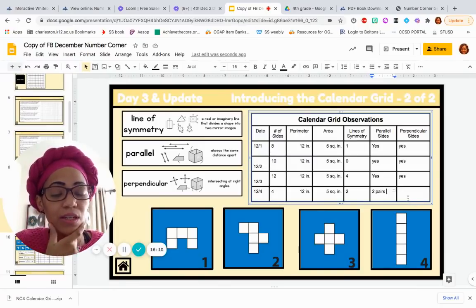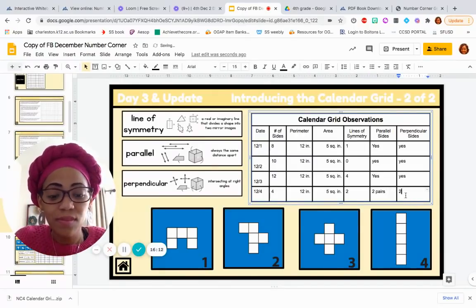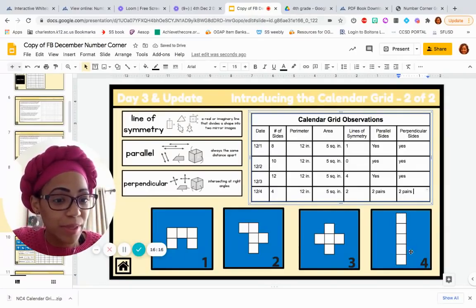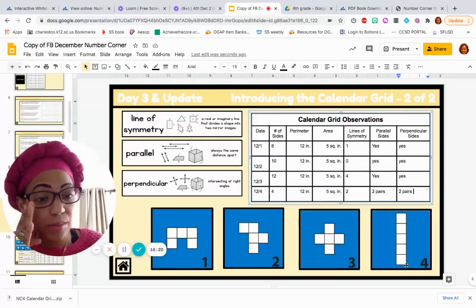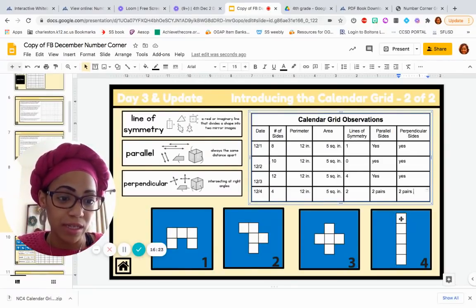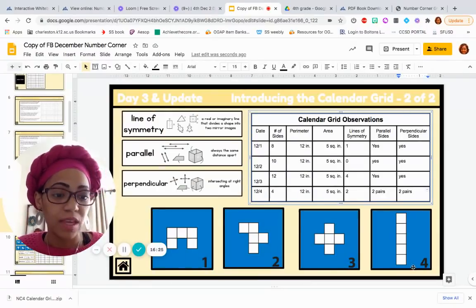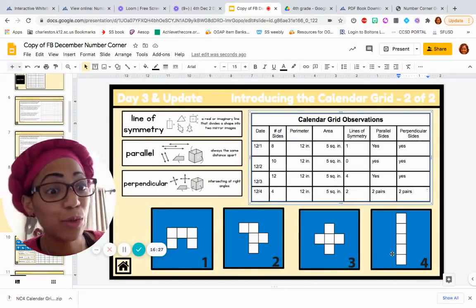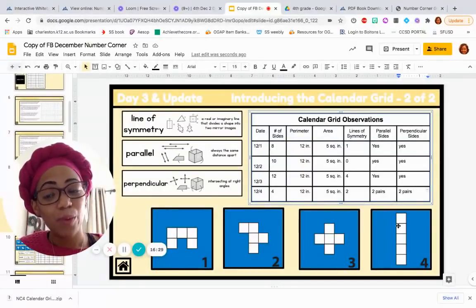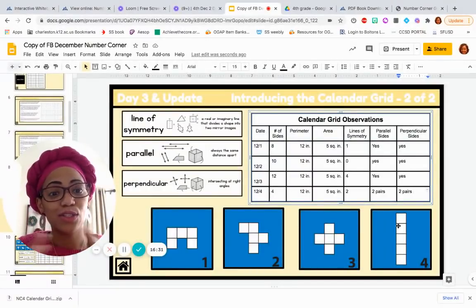How about perpendicular sides? It has 2 pairs of perpendicular sides as well. So here would be one, and here would be another perpendicular side. We have 2 pairs, so that would be 4 perpendicular sides total.